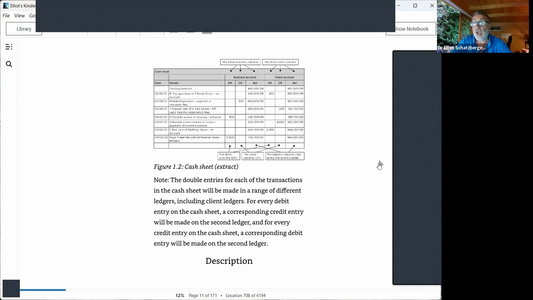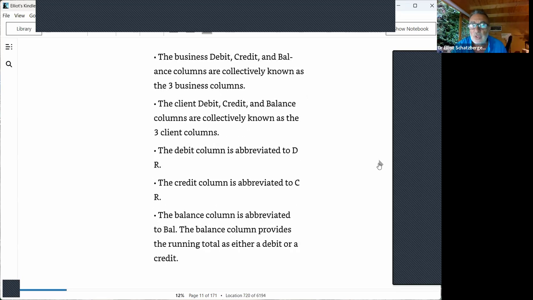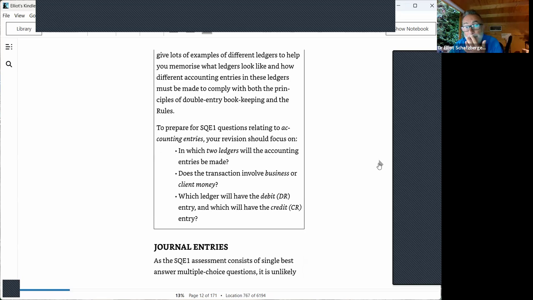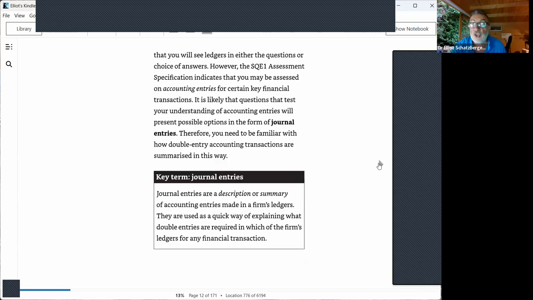There would be a ledger looking like this, business, client for him, to show that when he pays money to us, for us, it goes in the business side. The client side, it would be money for him. So it's not as difficult as it seems. It just needs you to get your head around that. So as I've said, journal entries, most of the questions will be exactly like I've already said.